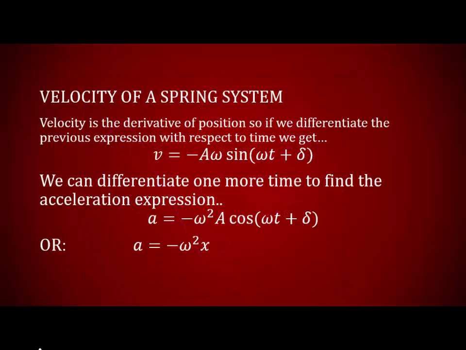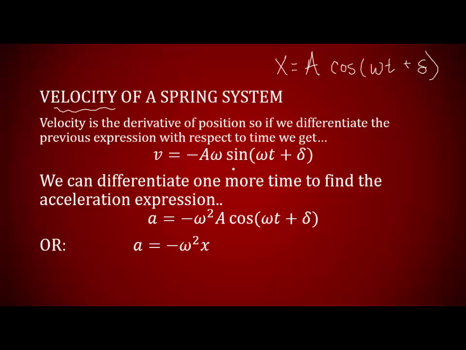Let's take a look at the velocity. We talked about the displacement, so now let's talk about what that means for our velocity. Velocity is the derivative of the position. So we can differentiate our previous expression, using some calculus rules. Hopefully you guys have done the derivatives of trig functions. If you haven't, it is something that we will talk about when you get here, or when I come back to class.